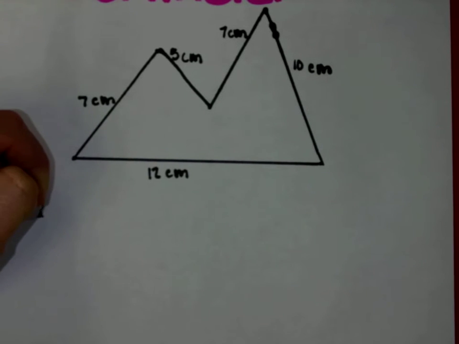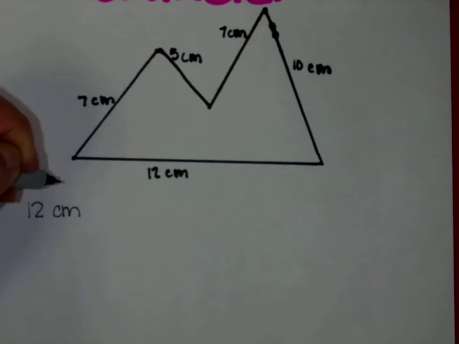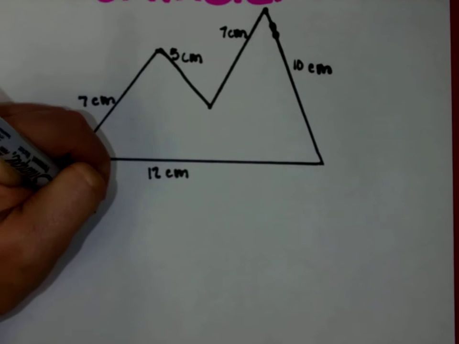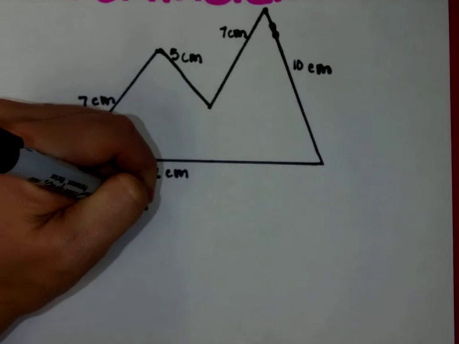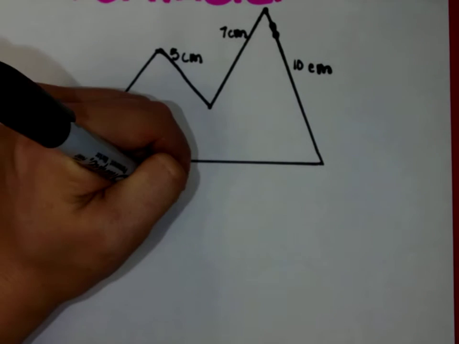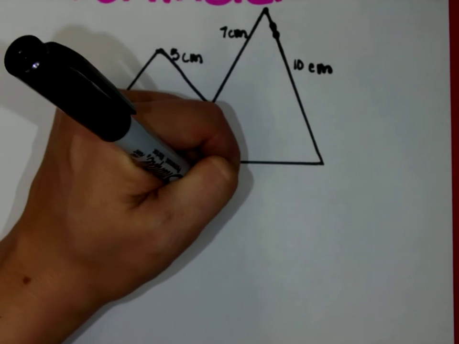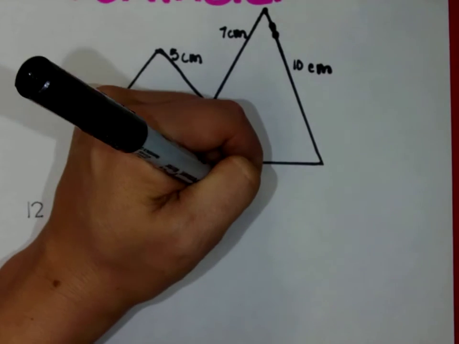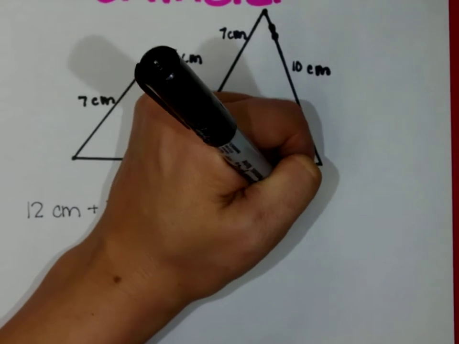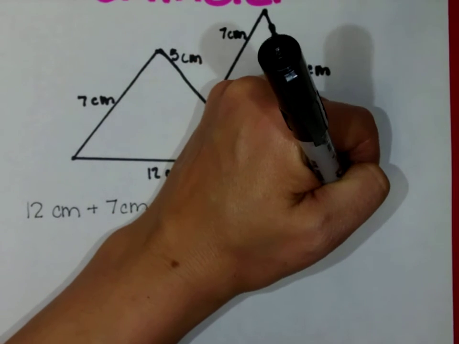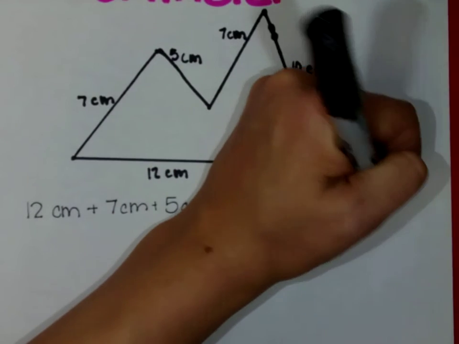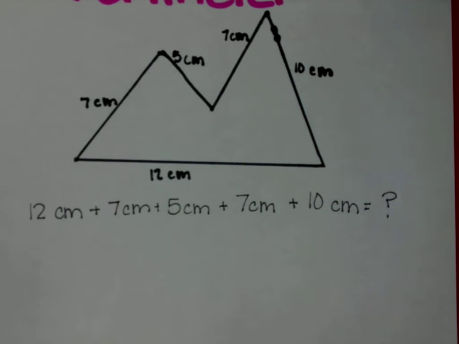So I have 12 cm, which stands for centimeters, plus 7 cm plus 5 centimeters plus 7 centimeters plus 10 centimeters equals the perimeter, but we don't know that yet. So let's see how we can add up these numbers here.